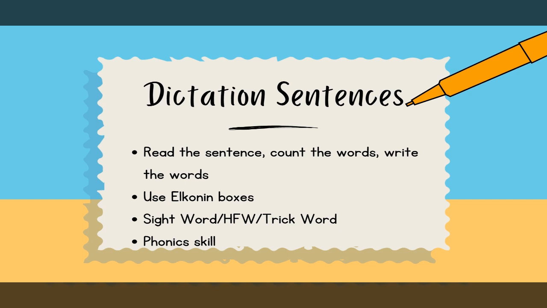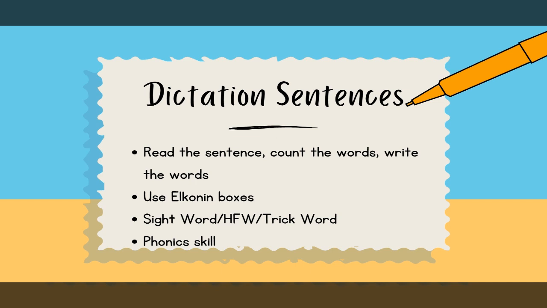A lot of these sentences do focus heavily on sight words, high frequency words, trick words, Dolch words. All of those mean the exact same thing. You can get sight words, high frequency words, trick words, Dolch words by Googling them. Parents, ask your teachers. Your teachers have a list of words that your students should have learned already.